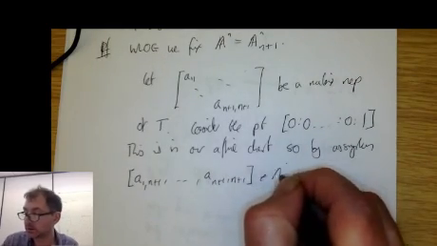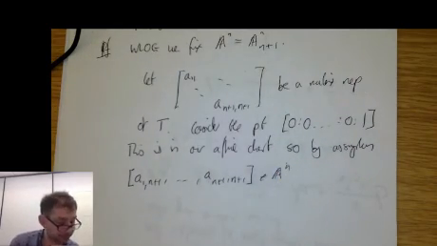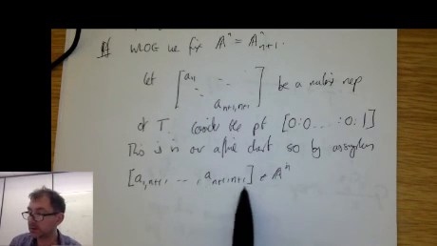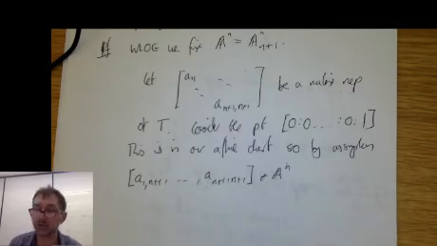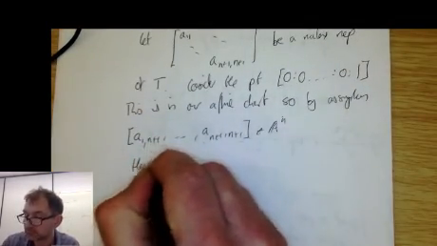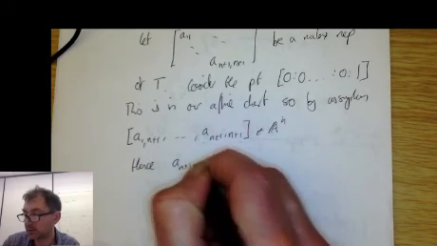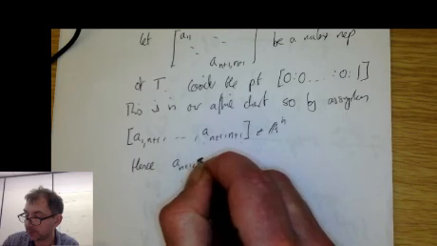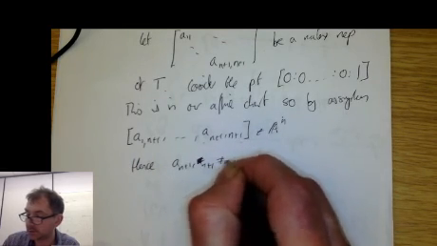So this is in the affine chart. And if it's in the affine chart, then that means that this final coordinate has to be non-zero. So hence A(n+1,n+1) is non-zero.